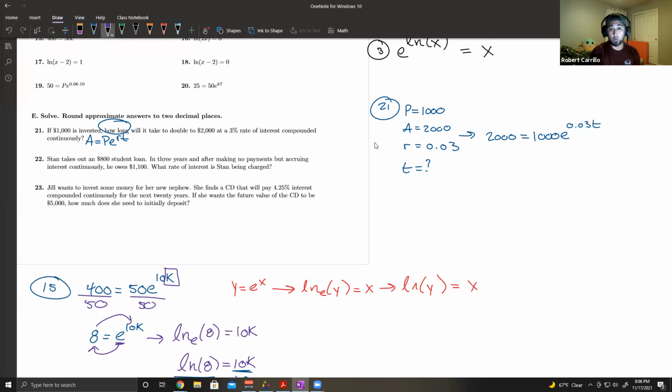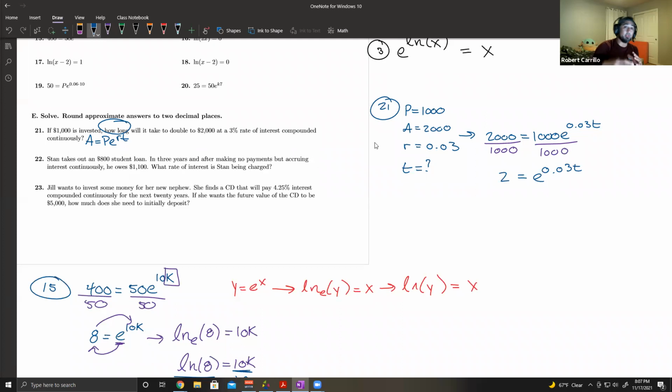And now our goal is to solve for t. So since this is an exponential form, we have to convert to logarithm. So the first thing we're going to do is divide by this 1000. And then 2000 over 1000 would leave me with 2 equal to e to the 0.03t.